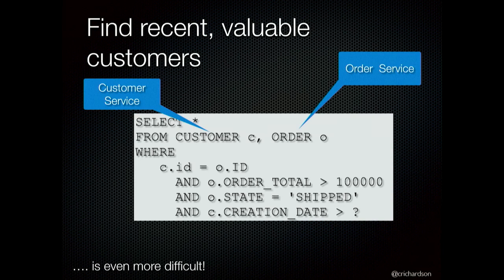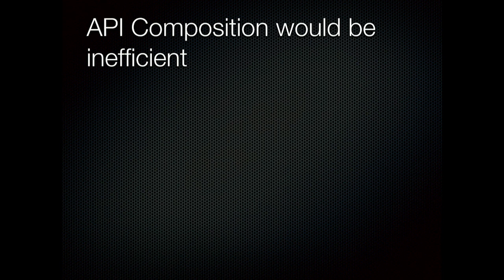So here's a slightly more complex query which finds recently created customers that have placed orders over a certain amount that have been shipped. Now, in a monolithic system, that's trivial. You just do a join with the appropriate where clause, and you're done. In a microservice architecture, you could try and implement that using API composition, but it would be pretty inefficient.